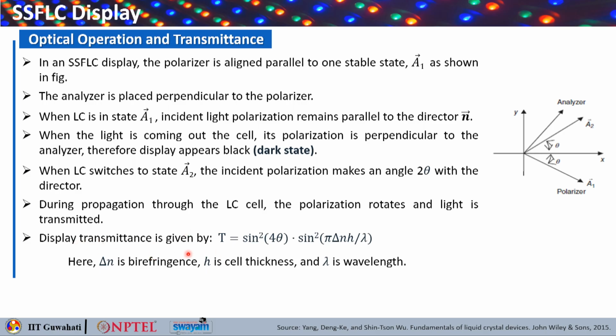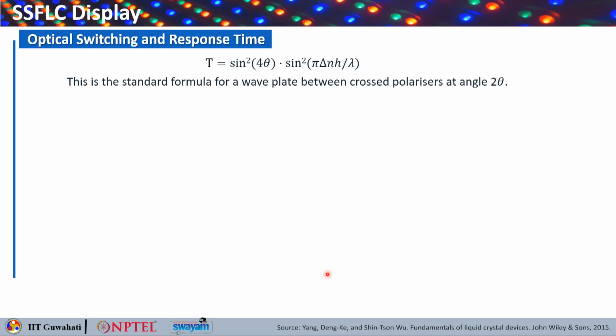So you can write the display transmittance T as sin squared 4 theta times sin squared of pi delta n h by lambda. Here delta n is the birefringence, h is the cell thickness, and lambda is the wavelength. So this is a very standard formula for a wave plate between crossed polarizers placed at 2 theta angle.